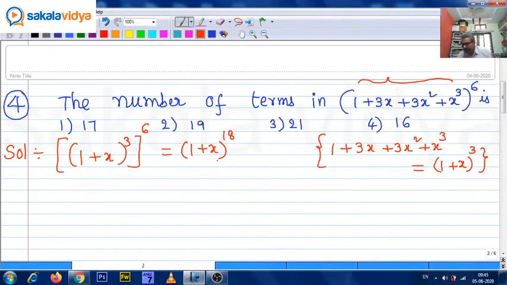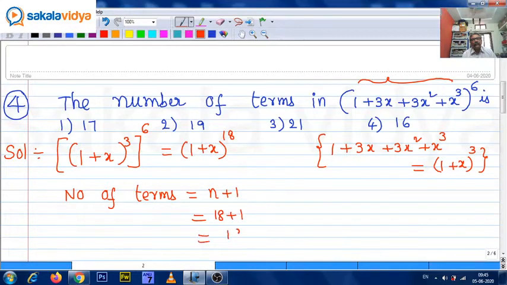This is (x plus a)^n, so the number of terms is equal to n plus 1. N is 18, 18 plus 1 is 19. So the second option is the right option.